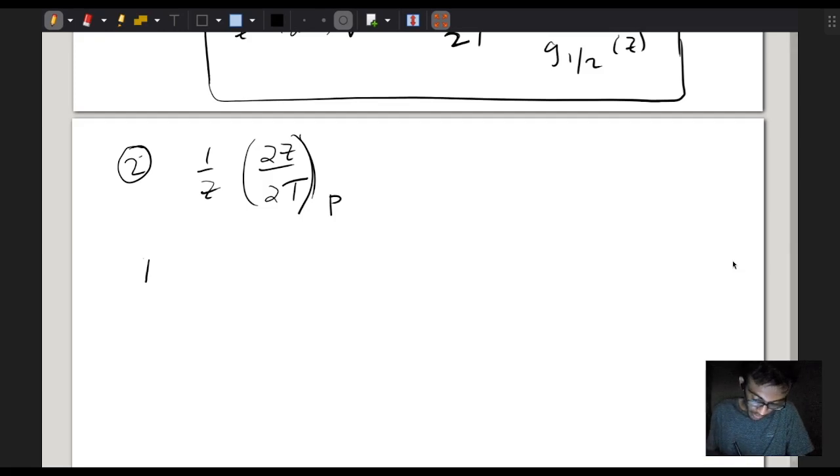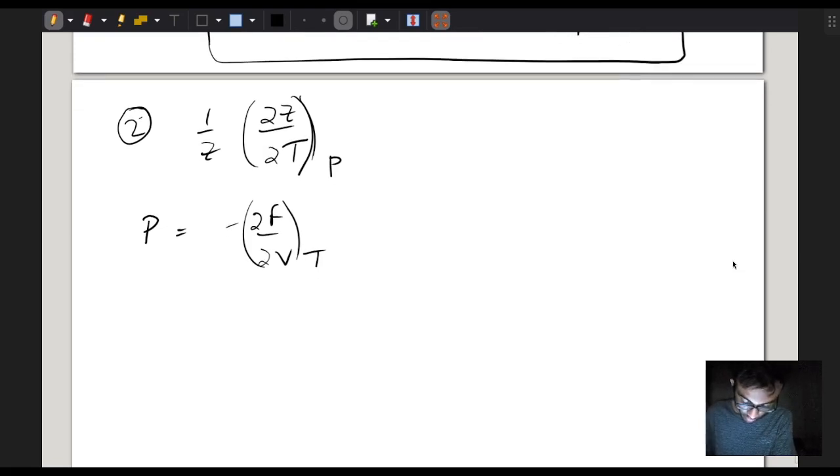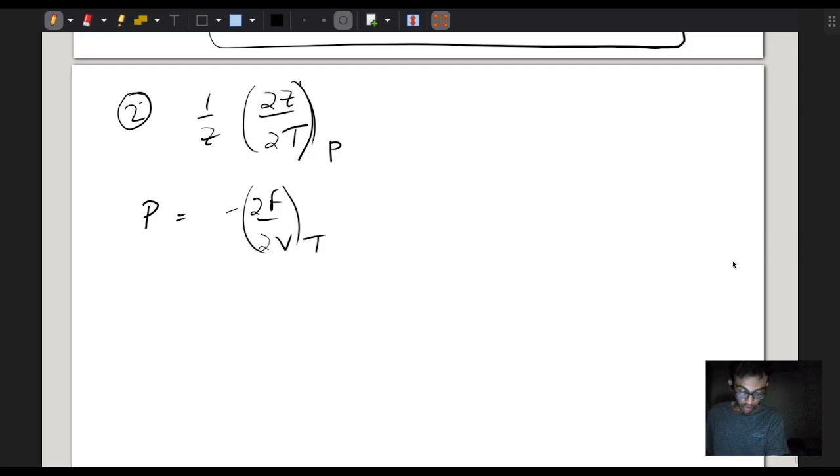So pressure we can get from free energy, which is minus dou F by dou V at constant temperature. And free energy, I don't remember this off the top of my head.